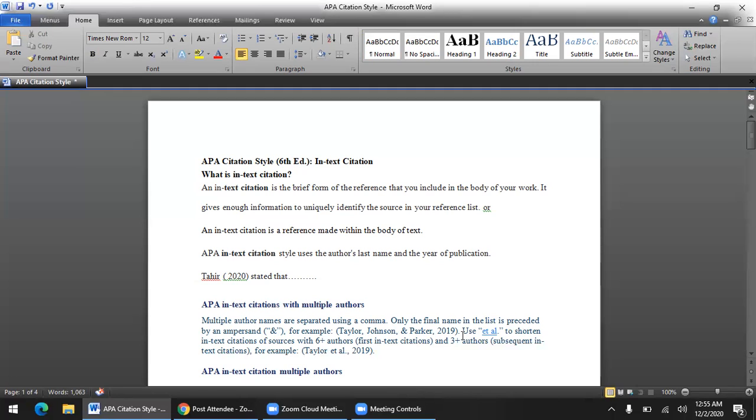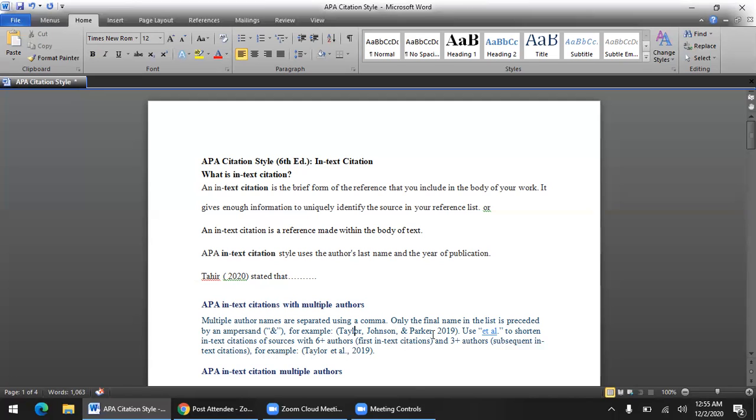If you are writing in the narrative text, just use et al. Write the first author's name, then write et al. Shorten the citation of a source with six authors at first citation, and for three plus authors in subsequent in-text citations, for example, Taylor et al.